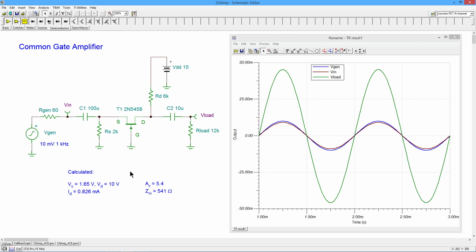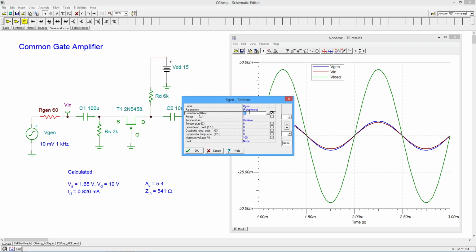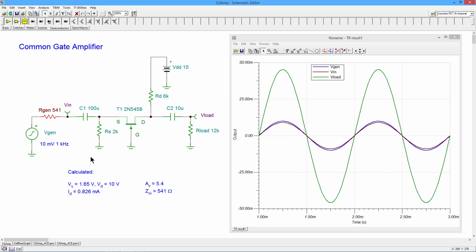All right, now I also mentioned the input impedance. How do we double check the input impedance? Well, the obvious trick that we've done before is, hey, it's really just a voltage divider. So why don't we set our generator resistance to the expected Zin? If I take the Rgen and set this to 541 ohms, and we're exactly correct, then what should happen is I have a 1-to-1 voltage divider.